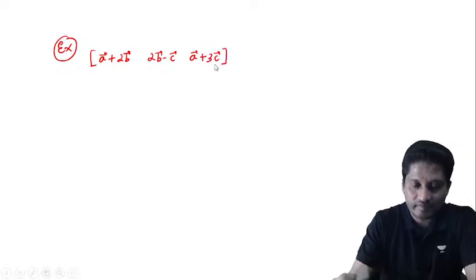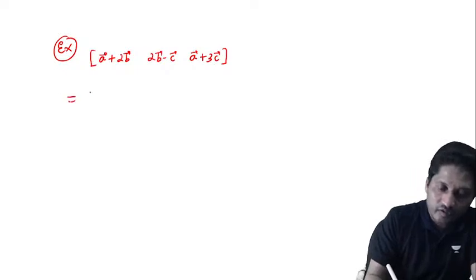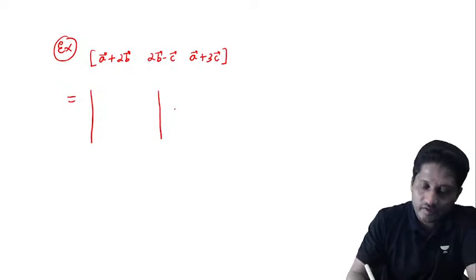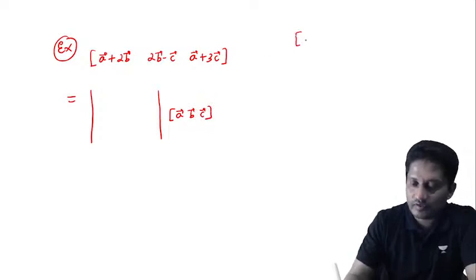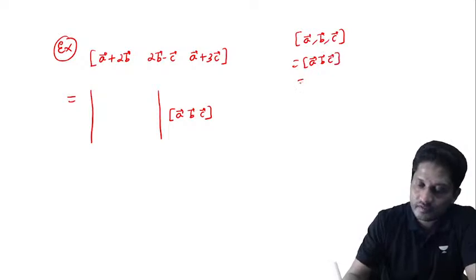And I'm supposed to find the value of this, which is not a standard result. A box of ABC is always a determinant, right? So this is a determinant. Here you write box of ABC, that is A dot B cross C. We all know box of ABC with comma, without comma, is the same as A dot B cross C. So this fellow is A dot B cross C.